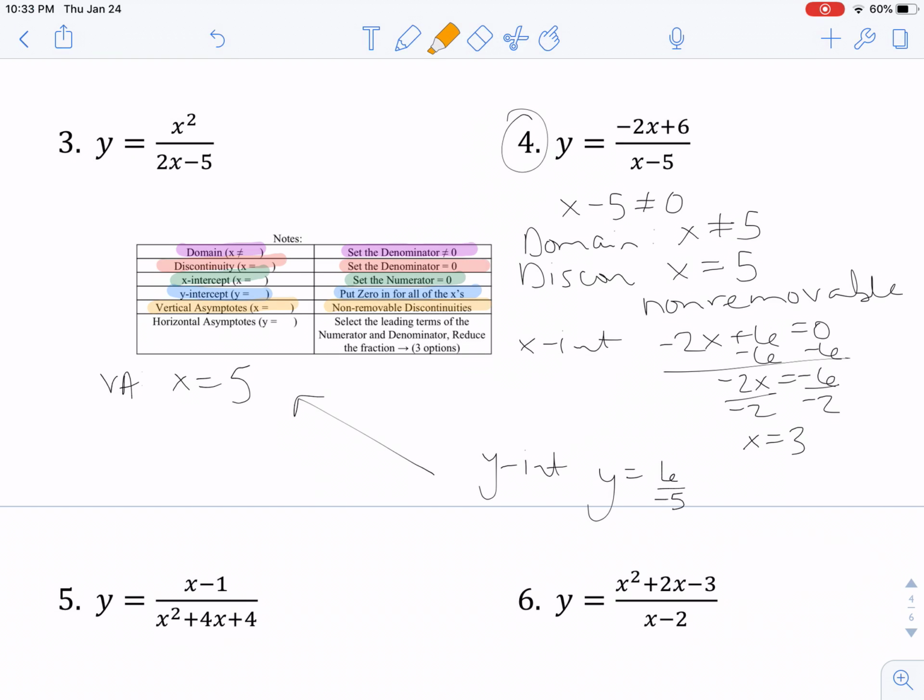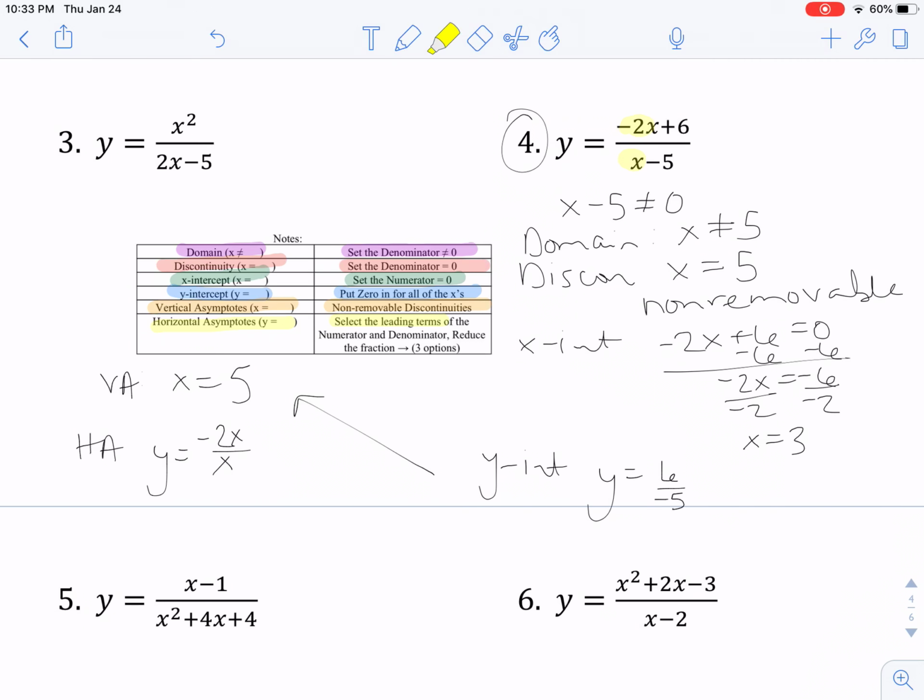All right, and our last one, horizontal asymptotes. This one maybe takes the most work. You have to first select the leading terms. The leading terms are, in expanded form, not factored form, the highest terms. So in this case, it's negative 2x over x.